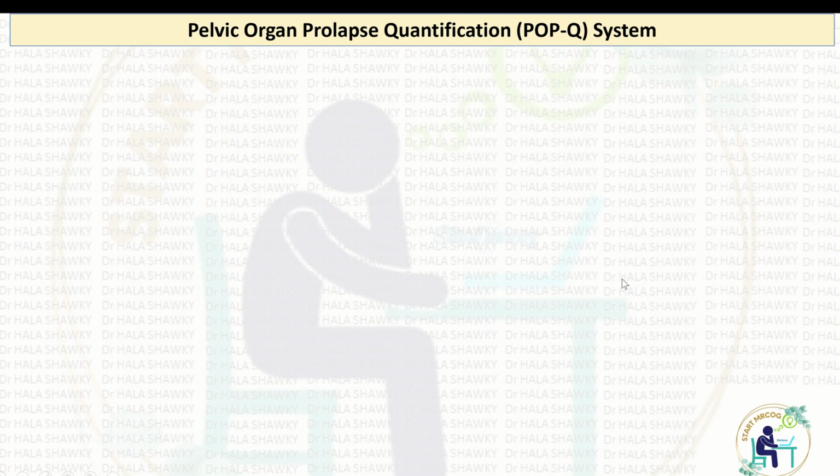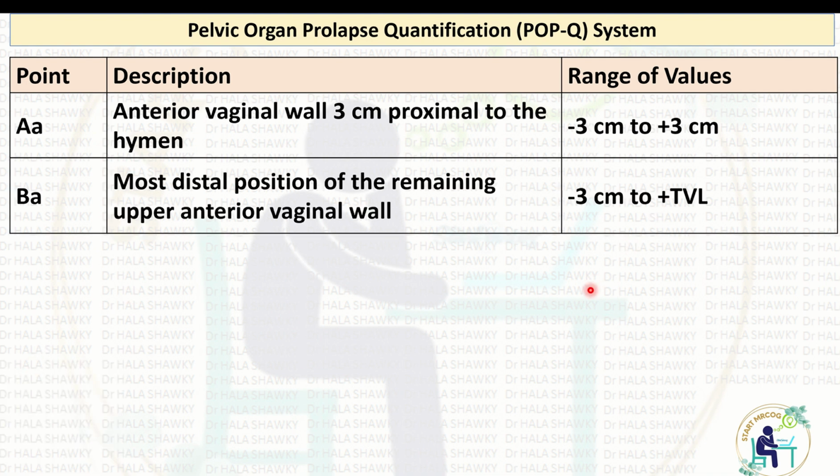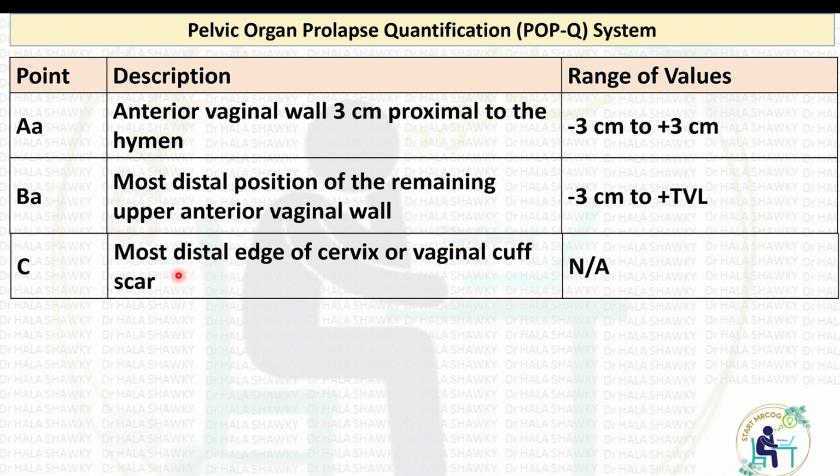Let's summarize again the points of the POP-Q system. Point A anterior, anterior vaginal wall 3 cm proximal to the hymen, and the range of values between -3 cm to +3 cm. Total vaginal length. Point C, which is the most distal edge of the cervix or vaginal cuff.